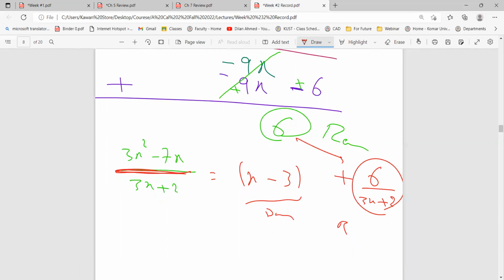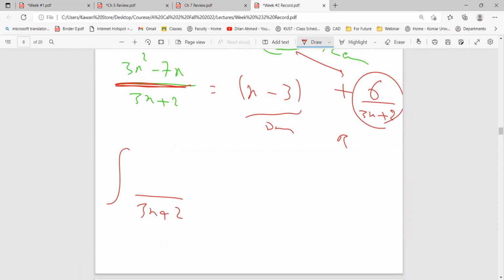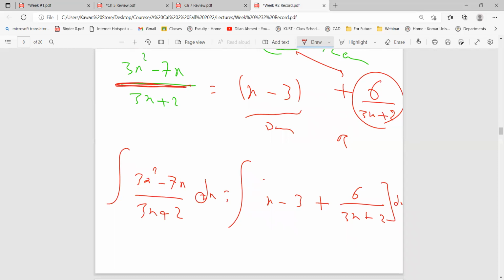So the integral of (3x squared minus 7x) over (3x plus 2) dx will be changed to the integral of x minus 3 plus 6 over (3x plus 2) dx. And you know how to solve that one.